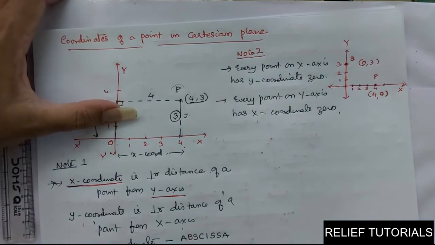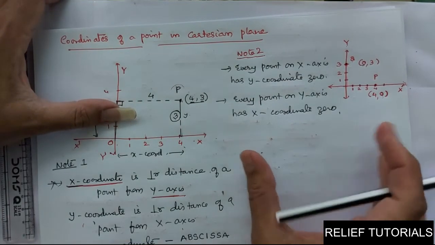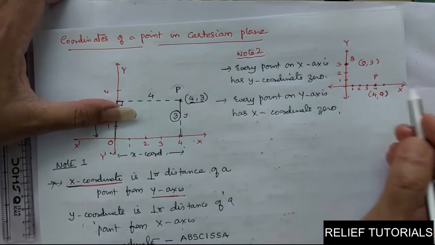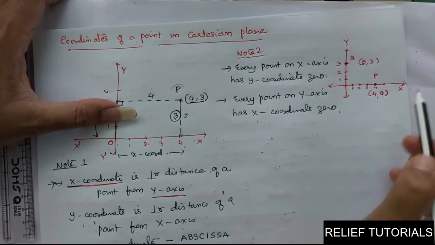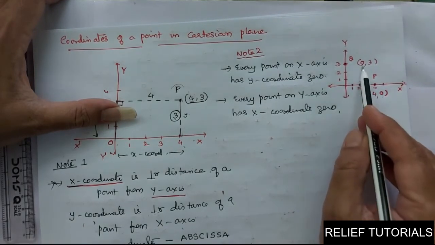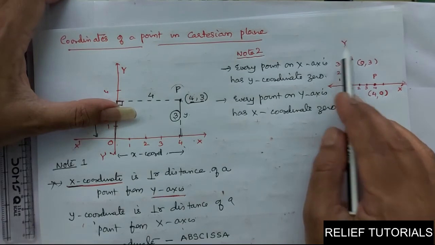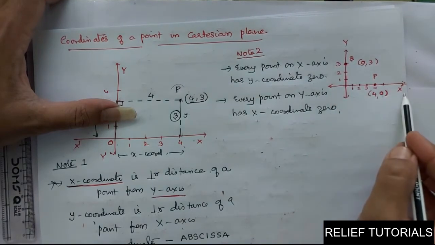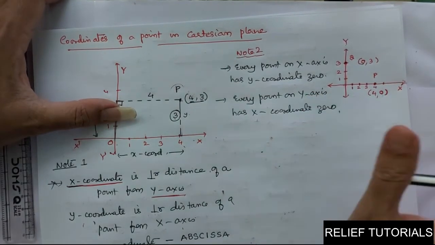Have you got it, friends? Is this note clear? If I say a point is on the x-axis, you have to say its y coordinate is 0. If I say a point is on the y-axis, its x coordinate is 0. Y-axis, x coordinate 0. X-axis, y coordinate 0. Opposite.